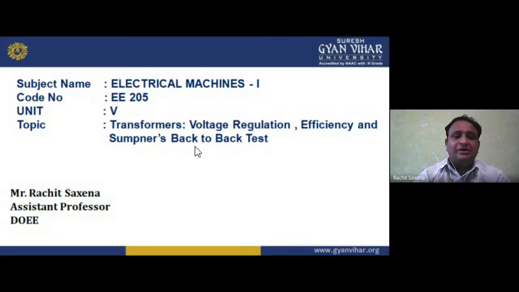But my dear students, Faraday told us that we can vary the flux, so we can introduce an EMF in that circuit. How can we vary or cut the flux? There are two ways: either a rotating coil or flux of an alternating nature. A rotating coil we have in a motor, and that is known as dynamic EMF. When the flux is of alternating nature, that is the transformer, and that is known as static EMF.